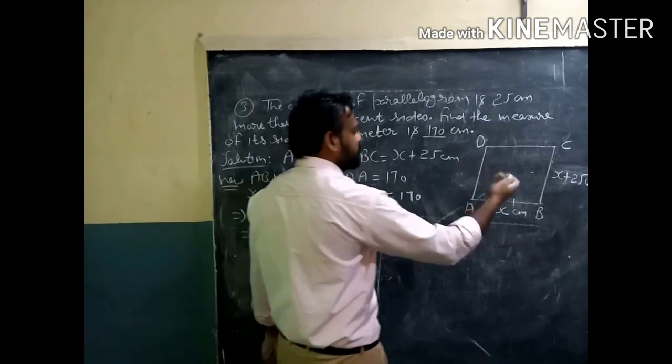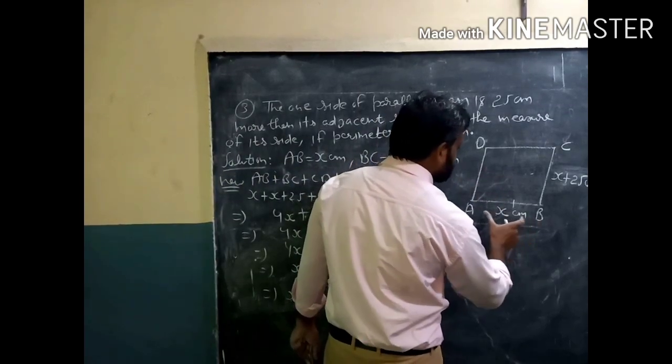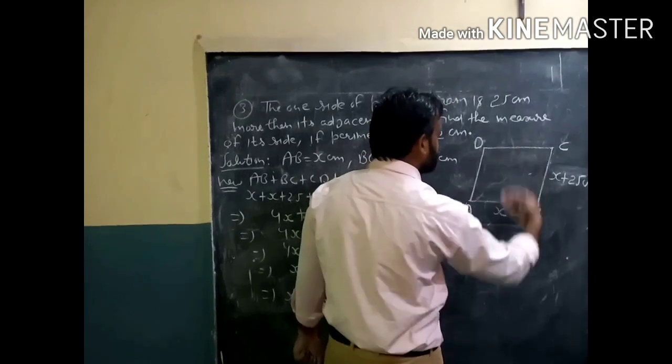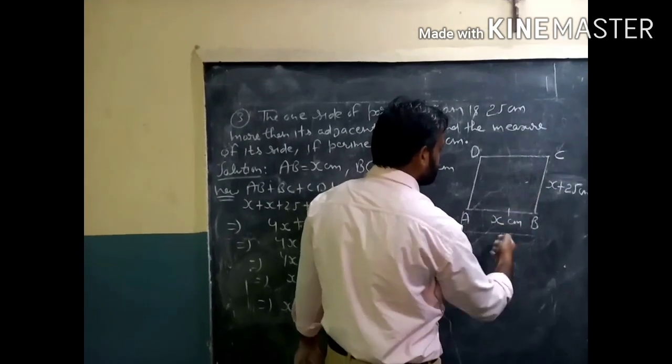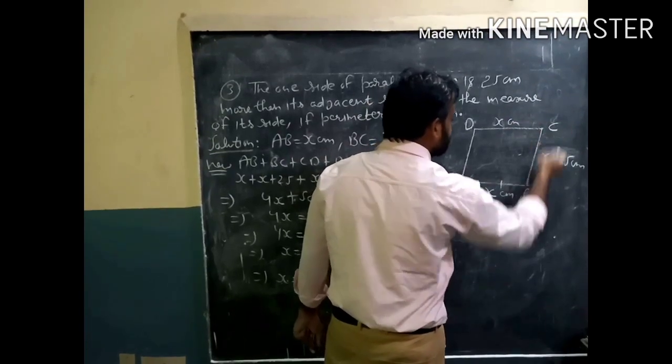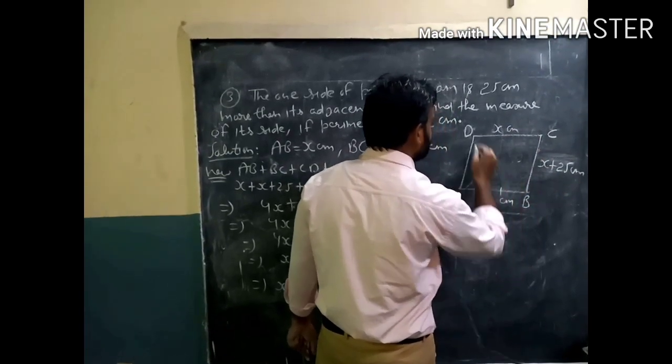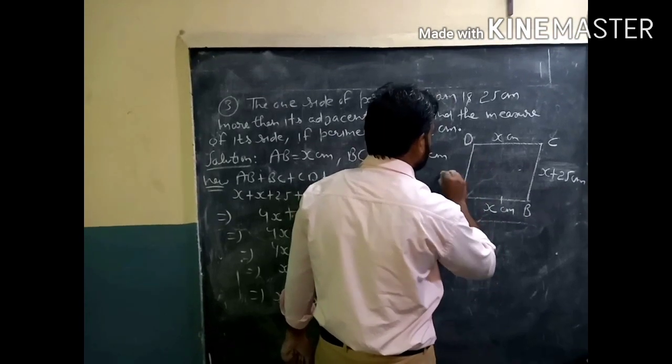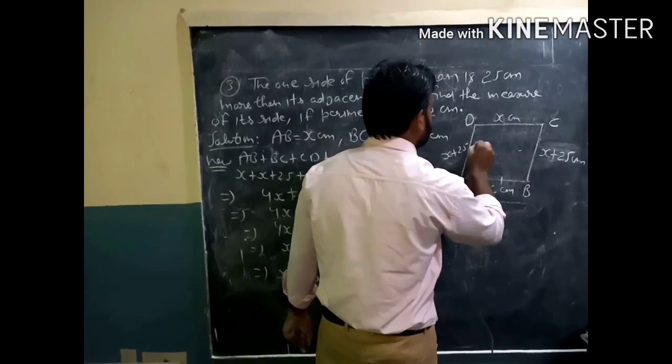Another thing is also here: if AB is x centimeters, then we know that the opposite sides of the parallelogram are always equal, so CD will also be x centimeters, and if BC is x plus 25 centimeters, then of course AD is also x plus 25 centimeters.